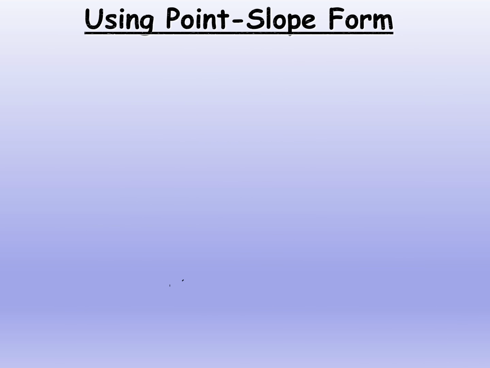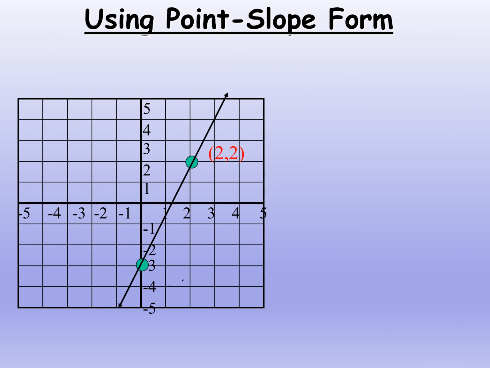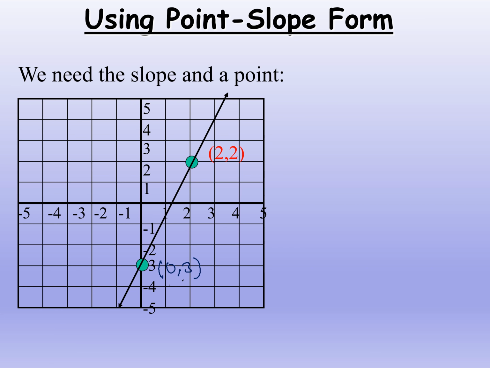Now let's look at our second example. So we're given a graph. One of the points is identified. The point is 2, 2. And they also identified the y-intercept for you, which in this case will be 0, 3. So we're given 2 points and we're asked to write it into point slope form.